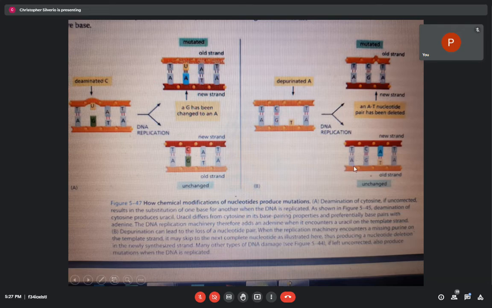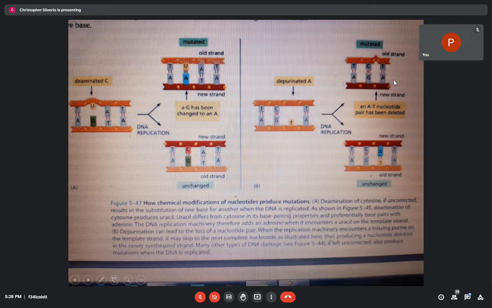This old strand, which is carrying the normal DNA sequence, will be replicated by the DNA polymerase to form a new strand which is normal. It is normal because the pairing is complementary. But how about this one? The pairing is normal, but however, the strand will become shorter.